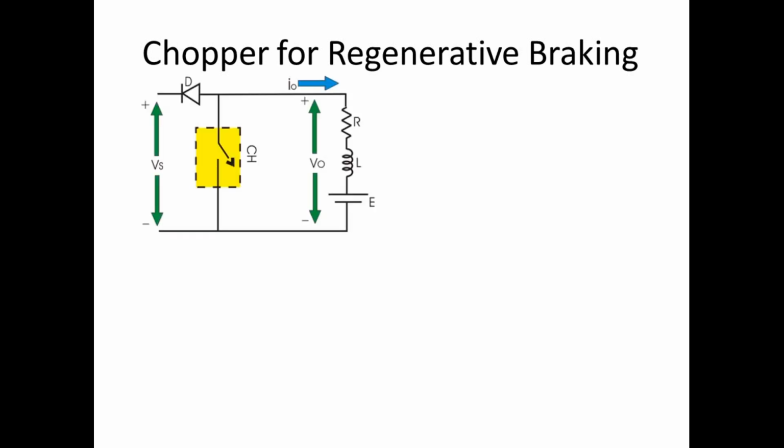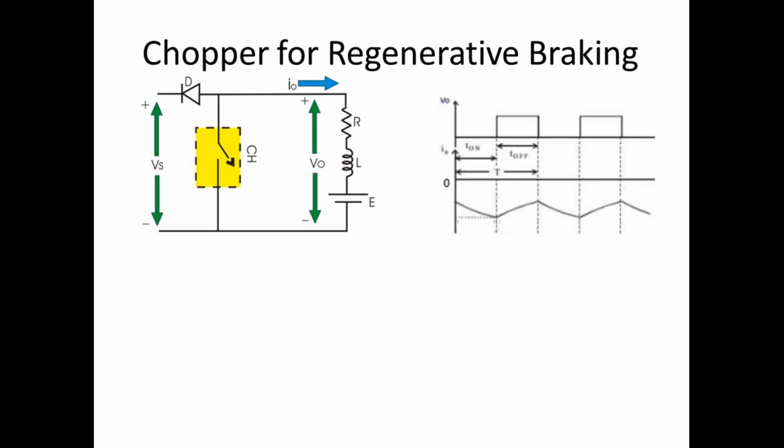So this is the circuit diagram of the chopper which can be used for regenerative braking. When the switch is on, the output voltage is short circuited, so it is 0.